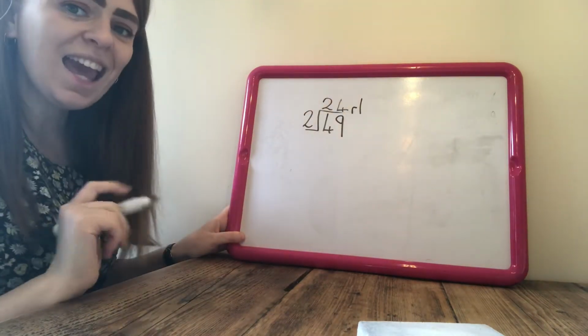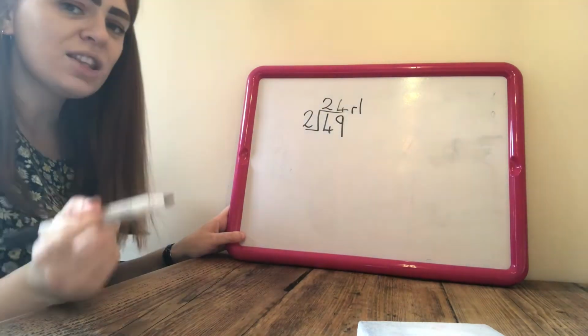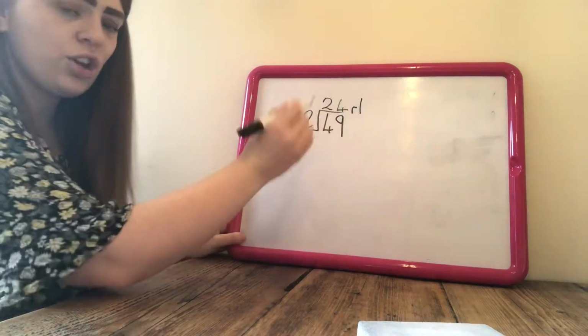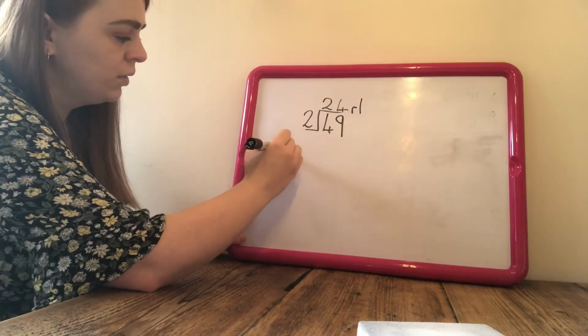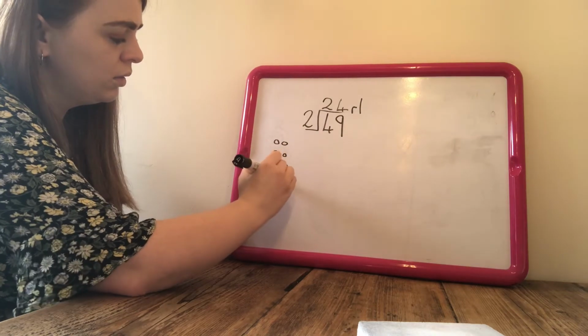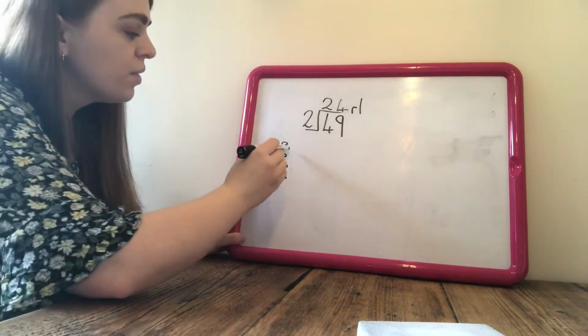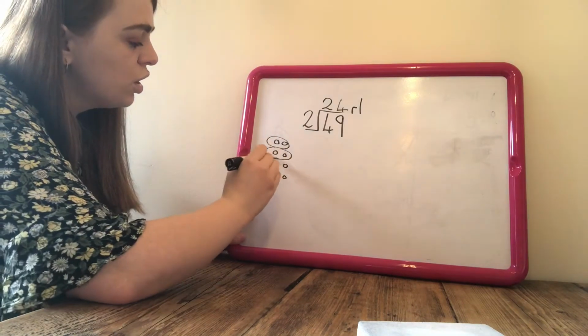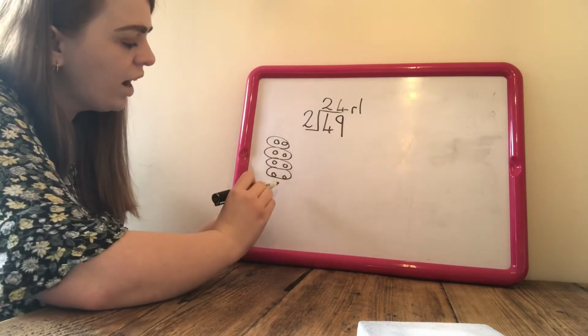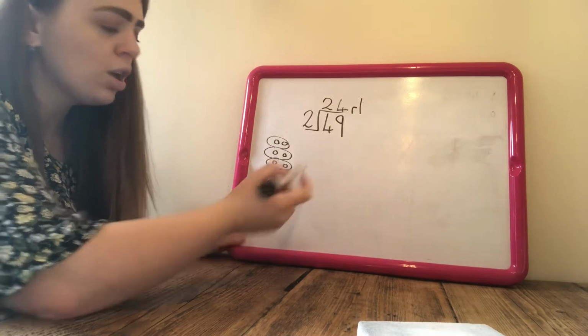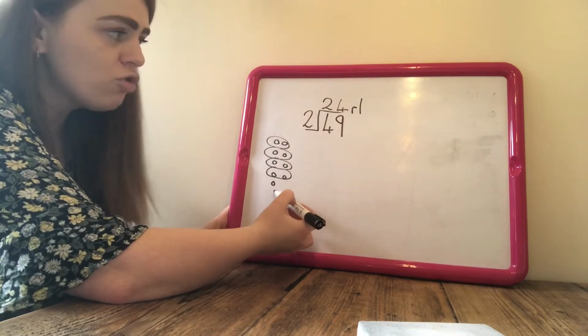Now I can again check this with my group strategy. I'm going to draw 9 cookies this time, and I'm going to again just circle the groups of 2. So 1, 2, 3, 4. There's no more groups of 2, but there's 1 left over, 1 remainder.